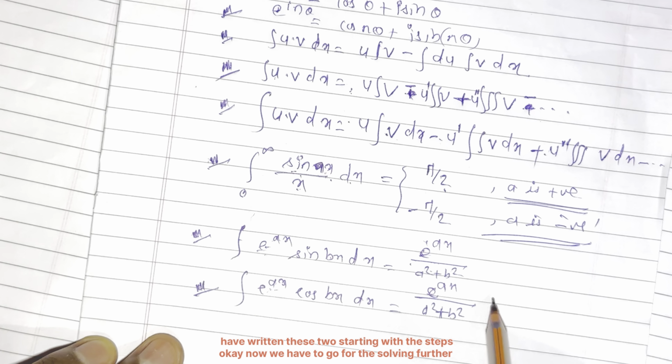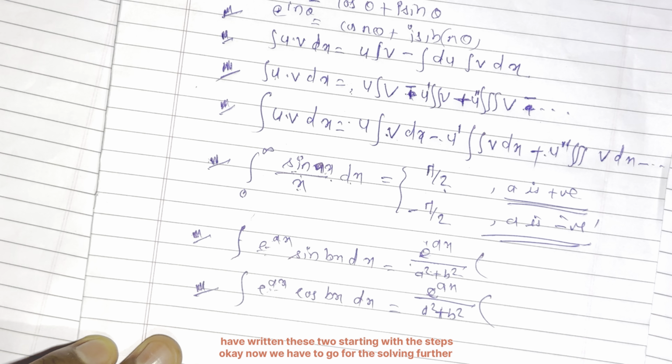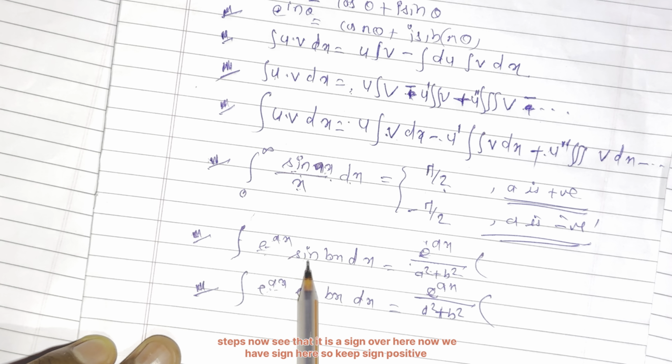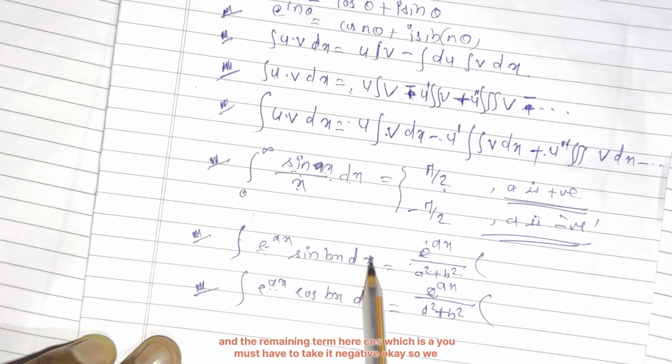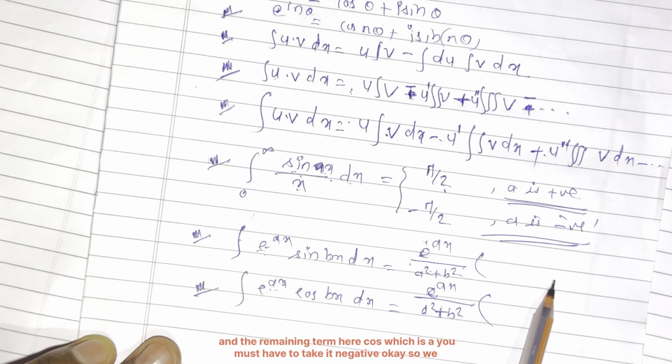I have written these two starting steps. Now we go for the further steps. Here we have sin, so keep sin positive and the remaining term, cos, you must take negative.